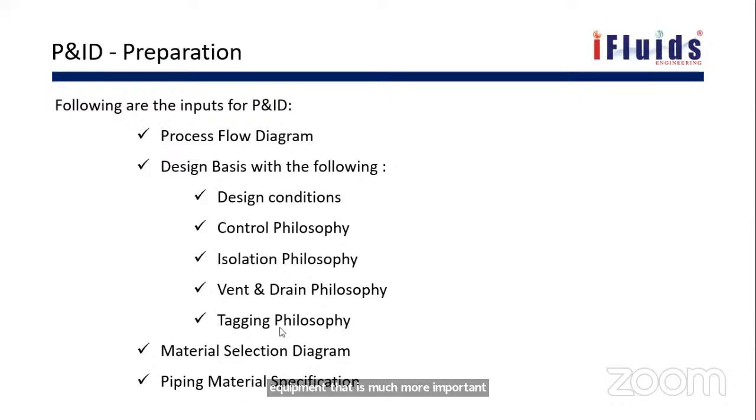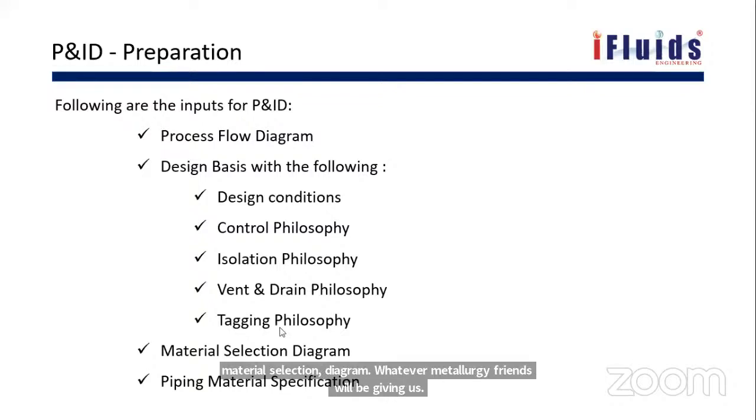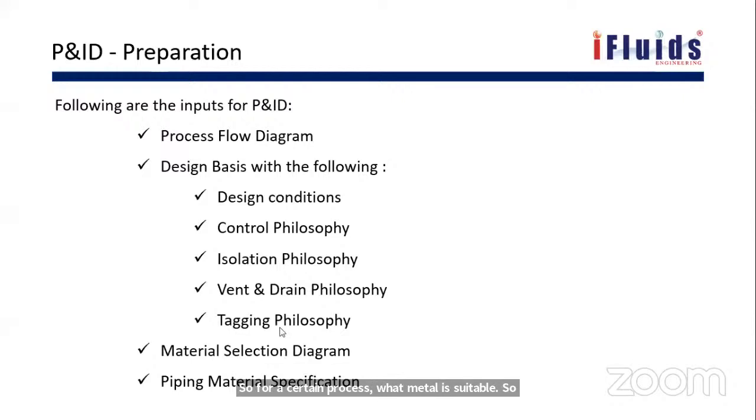Then the material selection diagram, which our metallurgy friends will be giving us. So for a certain process, what metal is suitable. We'll have the conditions, they will have the metallurgy. Both data will be combined and given as an input for the P&ID. Then the piping material specification: what rating we should use, what kind of pipe standard the company has fixed.